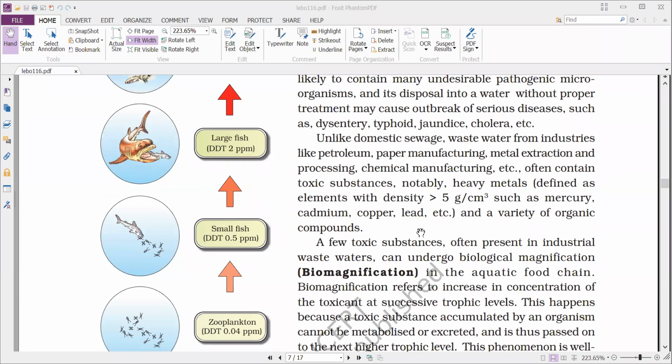Understand? Each plant is absorbing around 0.0001 milligrams, or parts per million, of some heavy metal like mercury, which is absorbed by the plants from the soil.